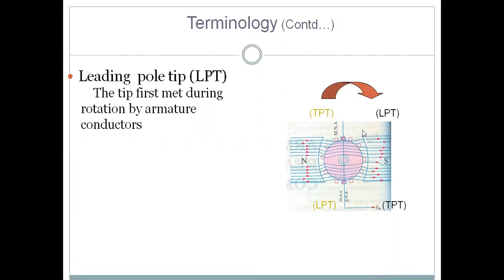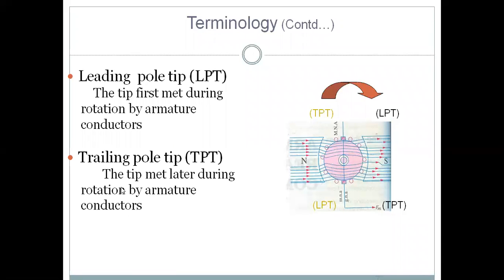When the armature is rotating in clockwise direction, first it will touch this tip. That's why this is called leading pole tip. Then it will leave this tip. That's why it is called trailing pole tip. The tip met later during the rotation by the armature conductors.